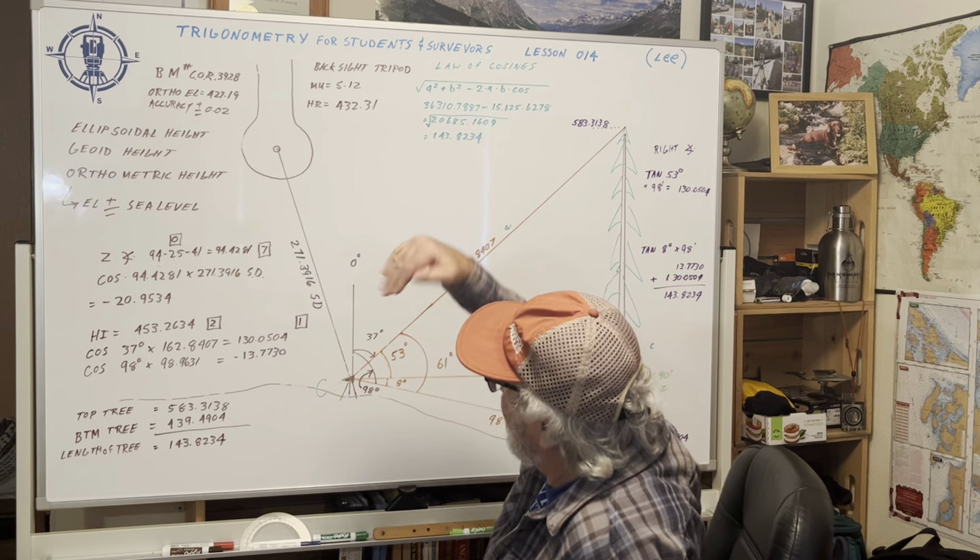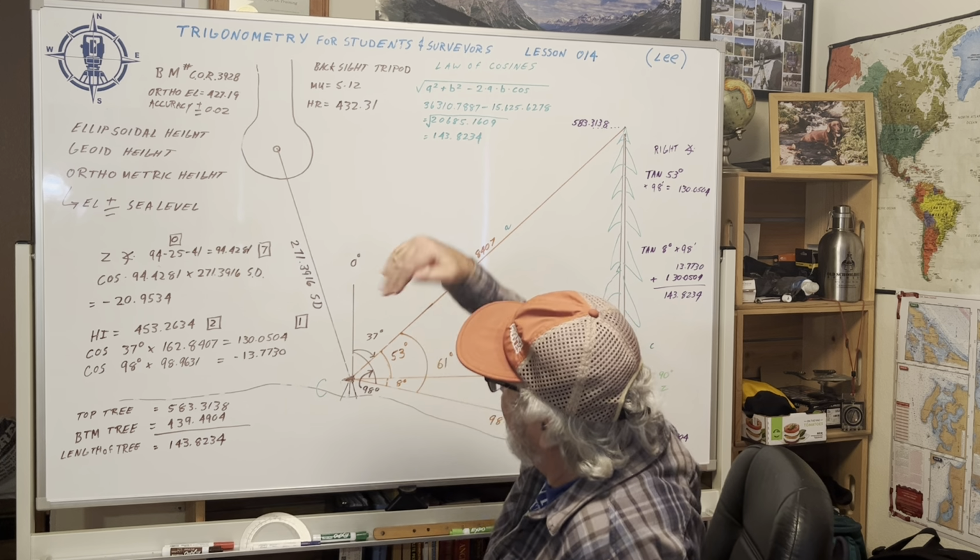So it is a negative 20.9534. Because it's a 94 degree angle, we know that it's lower than 90, so we've gone down. We're shooting down. So the gun's going to be higher. So that negative is going to turn into a positive.